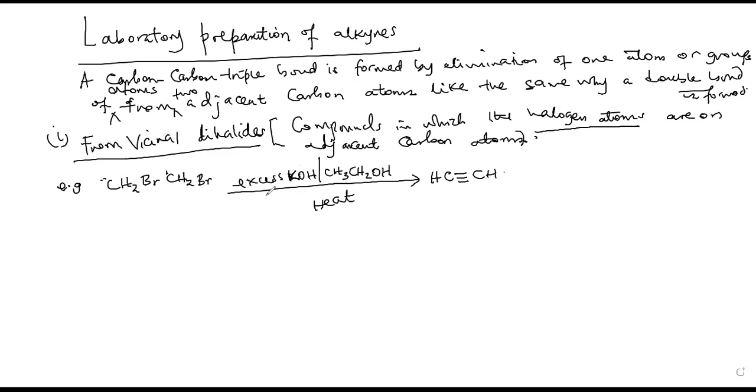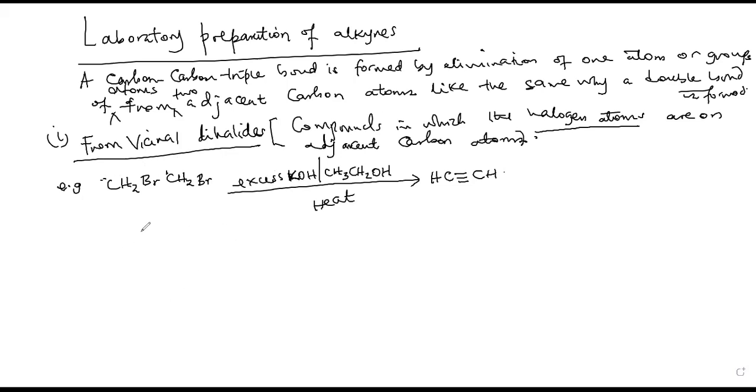When we say excess potassium hydroxide, it should be excess so that we remove these two bromine atoms. If it was not excess, then you can remove only one bromine. But since we have excess, two bromine atoms will be removed very well.